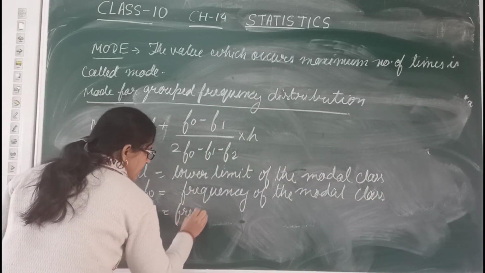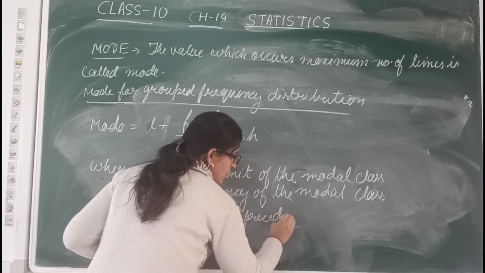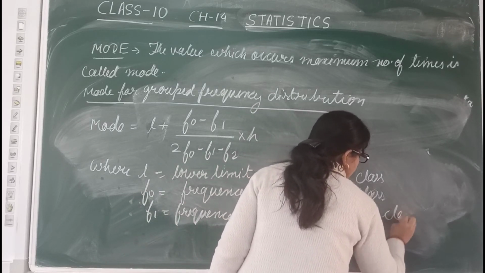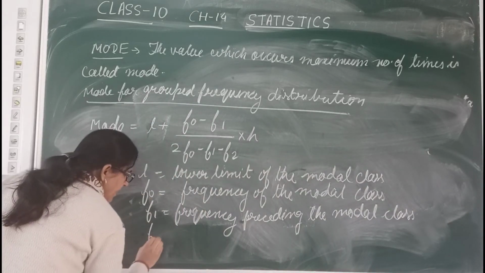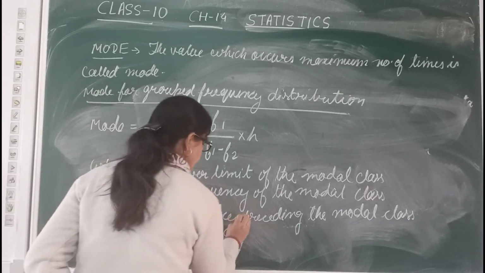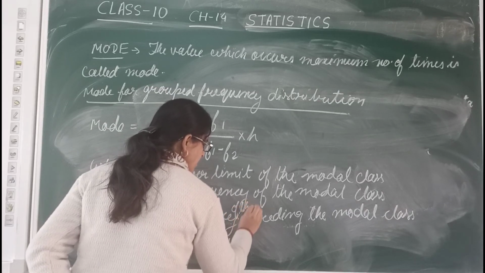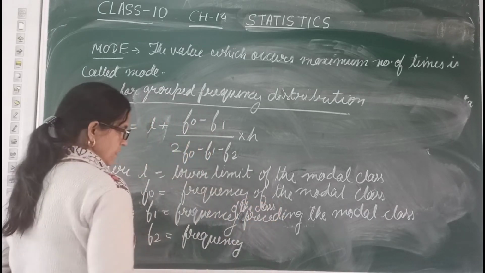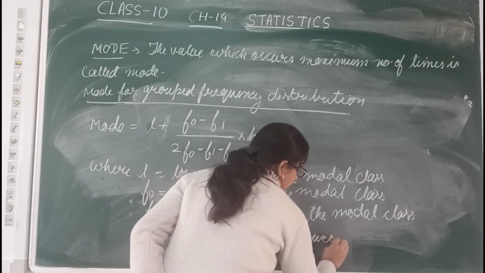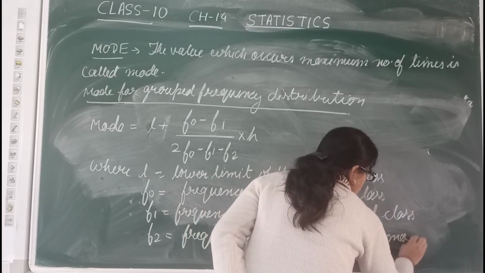F1 equals the frequency of the class preceding the modal class. F2 equals the frequency of the class succeeding the modal class.